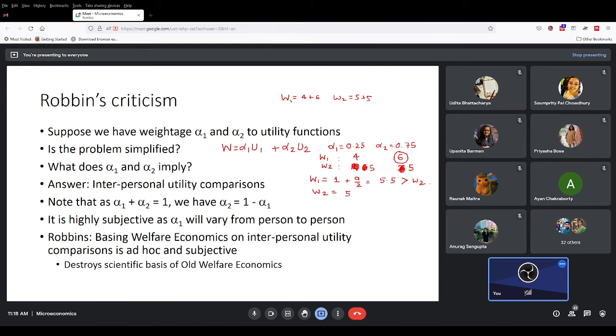Okay. So when you see what you are doing in these cases implicitly is, remember the 5, 7 and 7, 5 cases. In both of them, if you just sum the welfare, it is 12. But if you assign weights to the persons, if you compare the utilities of the persons, what you are basically seeing is that you start off from 6, 6.